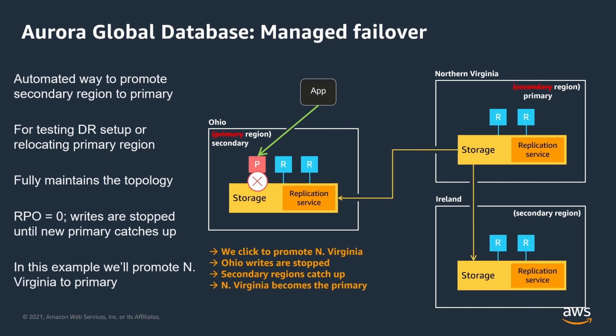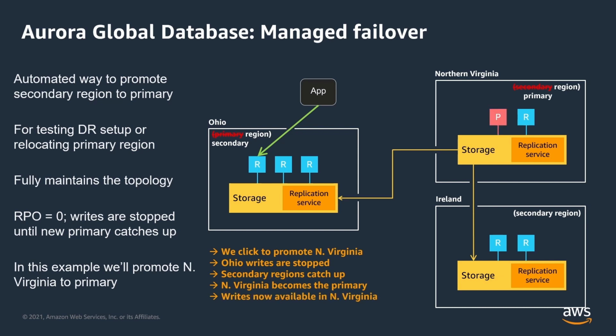Now, once the replication catches up, we promote the North Virginia region to the new primary, and then we also reestablish the replication. So we reverse the replication direction from Virginia to Ohio, and also to any other secondary regions from the new primary.